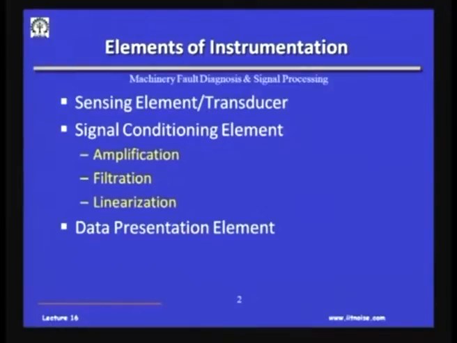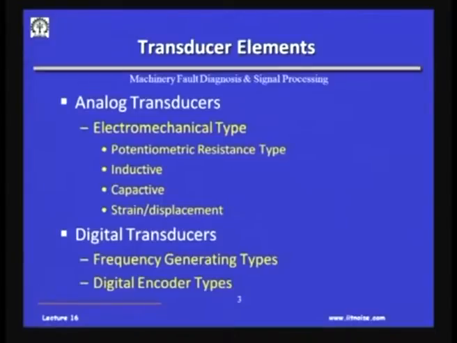Okay. Now, let us see what are the different transducer elements available to us to do measurements. If you look at the two broad classifications, one is the analog transducers and the other is the digital transducers.